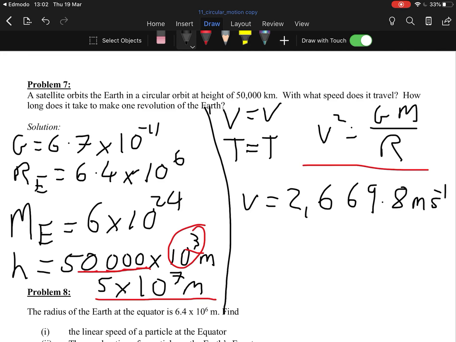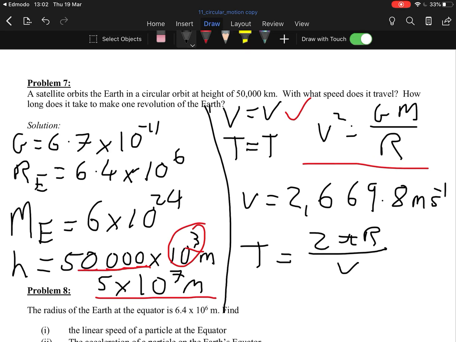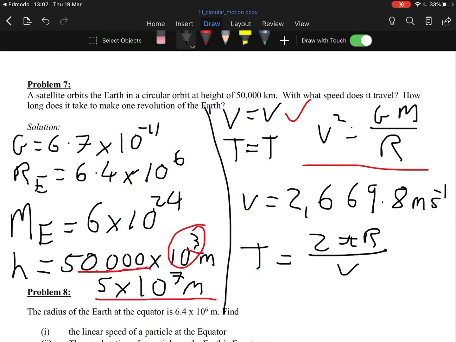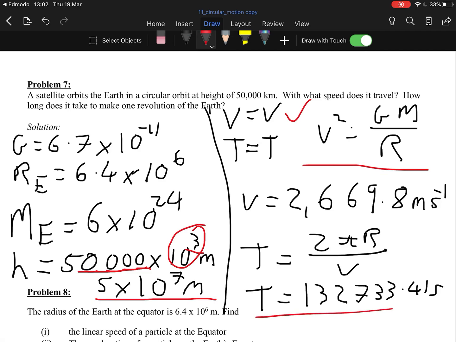Okay, so now that we have V, do the maths there, guys. Now that we have V, we have to find T. So of course, we can simply use the equation T equals 2 pi R all over V. We do that equation, and I got my T to be 132,733.41 seconds.